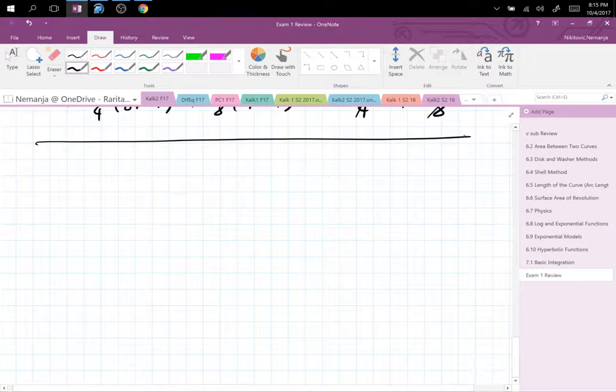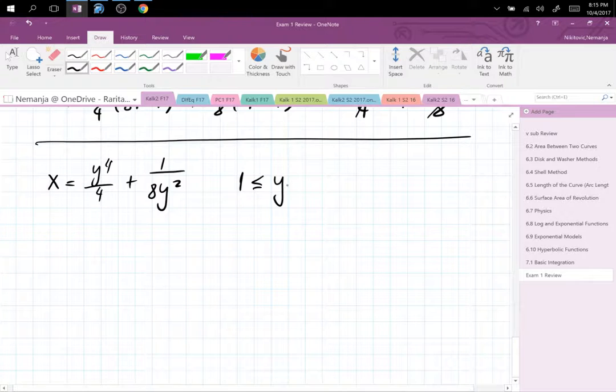What are we talking? It's a little easier. All right, so we have x equals y to the 4 over 4 plus 1 over 8y squared, 1 less than or equal to y less than or equal to 5. Bueno. So this is one of the dy problems.